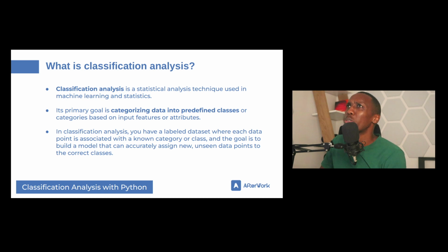Other examples of variables of interest in different scenarios would be whether a customer will likely return to a shop or not, whether they will churn, that is, leave the service being provided or not, whether a student will pass or fail, whether a patient has cancer or not. So the variable of interest is usually categorical in nature.